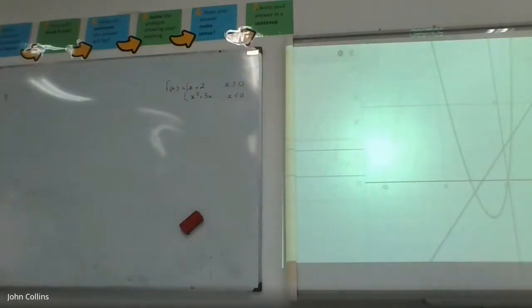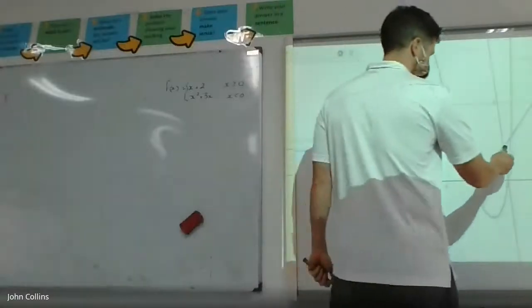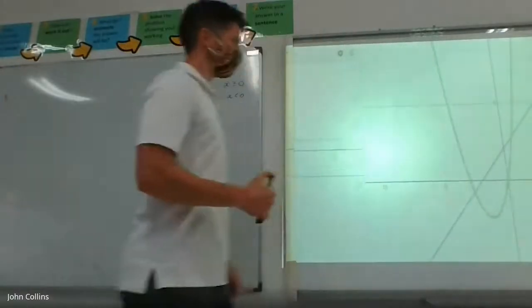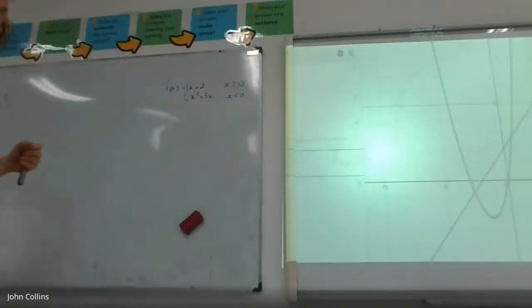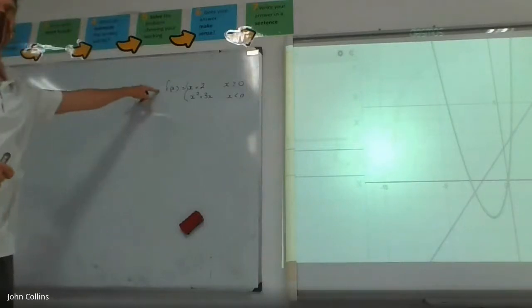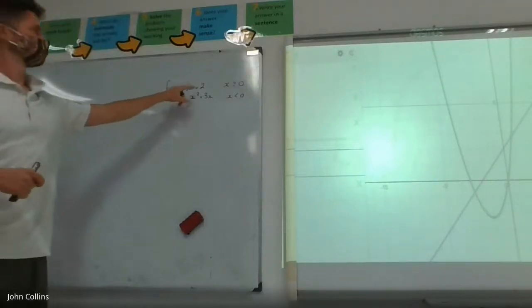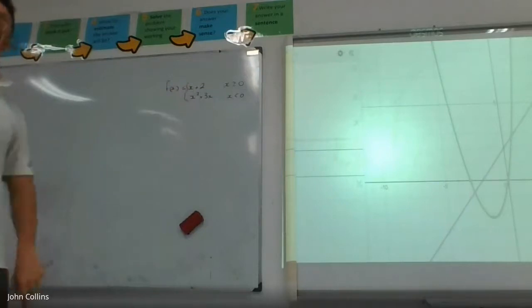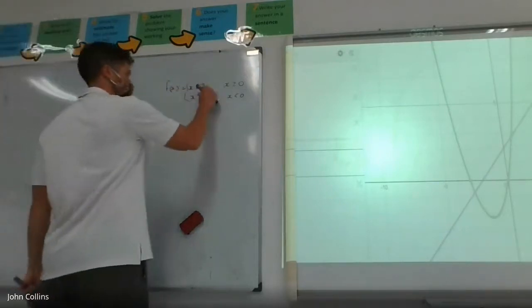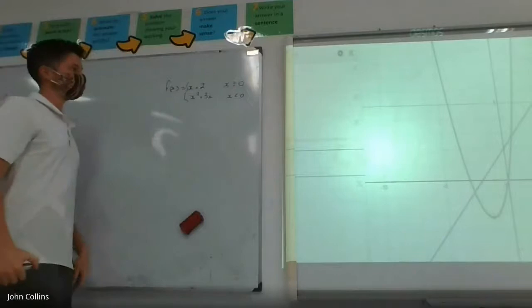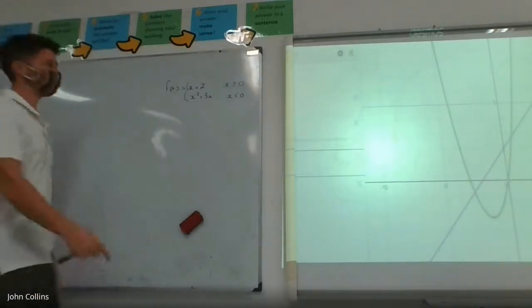The line takes over here at 0, and which line is 0 on, according to this? It's on x plus 2. So when the function is at 0, you use x plus 2. When it's at minus 0.00001, you use this.